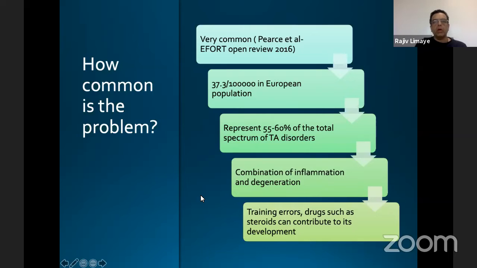It is becoming common in the rest of the world as well. It makes up about 50 to 60% of the total spectrum of Achilles tendon disorders. A combination of various causes such as training errors, drugs, steroids, and a combination of inflammation and degeneration causes the problem.